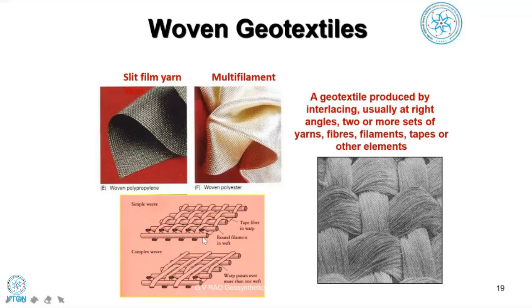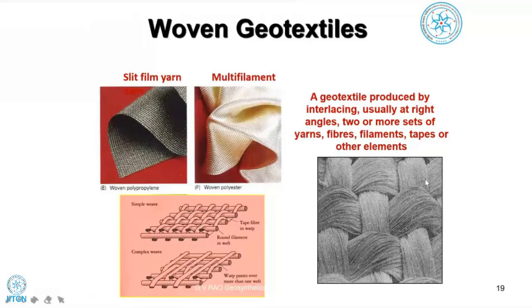That means it is simply called one up and one down. It is going up and then going down, going up and going down. That's called, in textile terminology, one up and one down. It is the simplest weaving we can think of. A complex weave can be, for example, one up and three down, I mean three up and one down, something like that. So there can be different kinds of weaving possible.